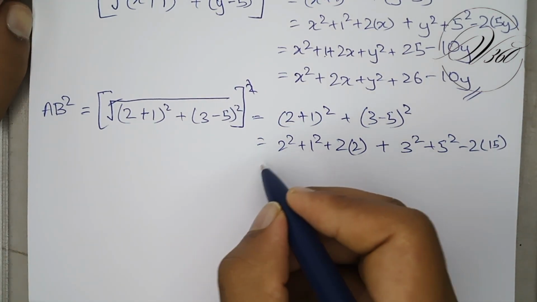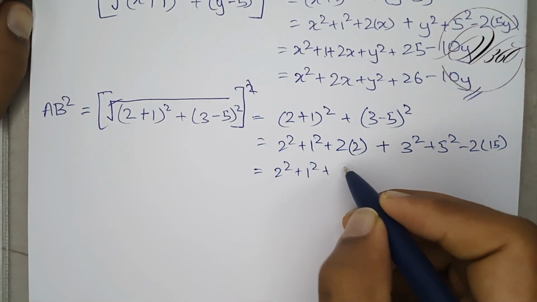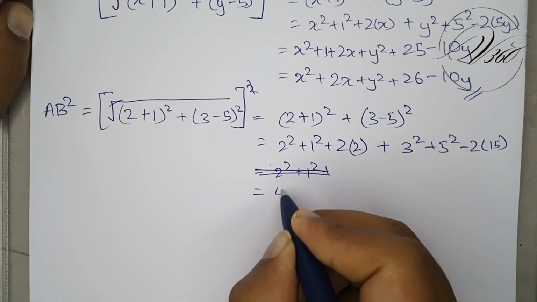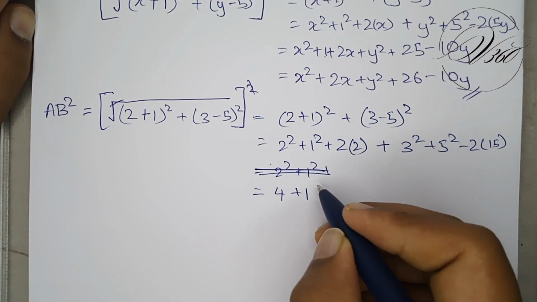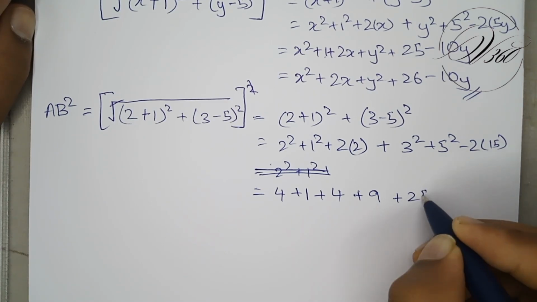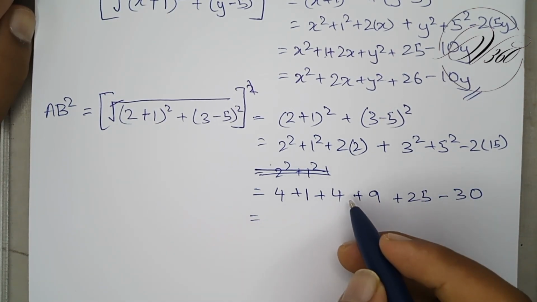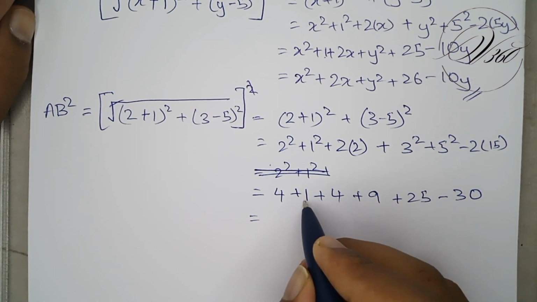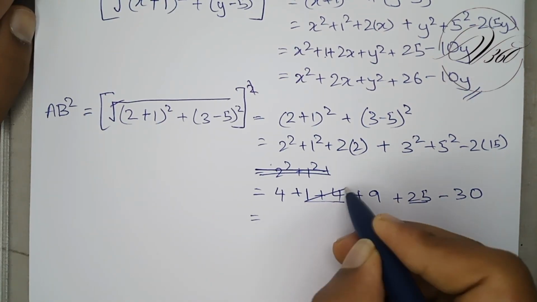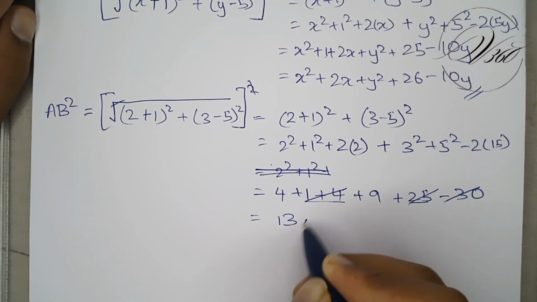Now I will directly write the answers here. 2 square means 4 plus 1 square means 1 plus 2 2s are 4 plus 3 3s are 9 plus 5 5s are 25 minus 15 2s are 30. Now here we'll get 4 plus 1, 5, 30. This cancels, this and this cancel. Now we'll get 13 as an answer.